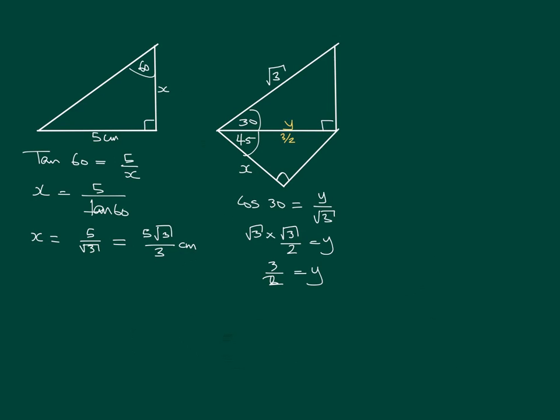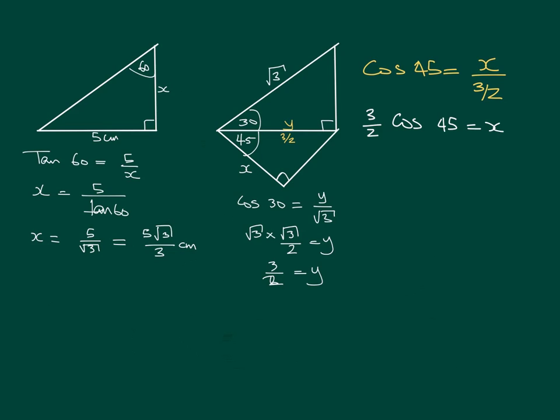So this now gives me cos of 45 is equal to adjacent x over hypotenuse 3 over 2. Now I will multiply by that 3 over 2, and this is now going to give me 3 over 2 cos 45 is equal to x.